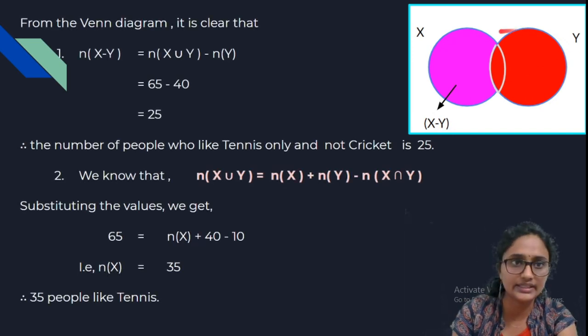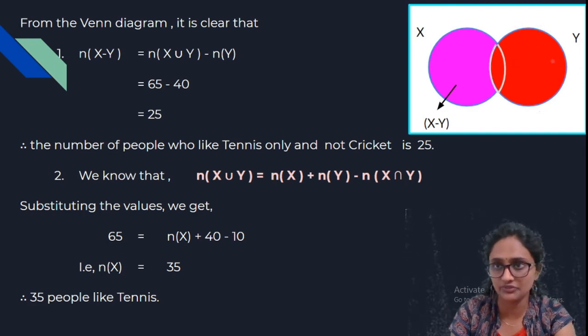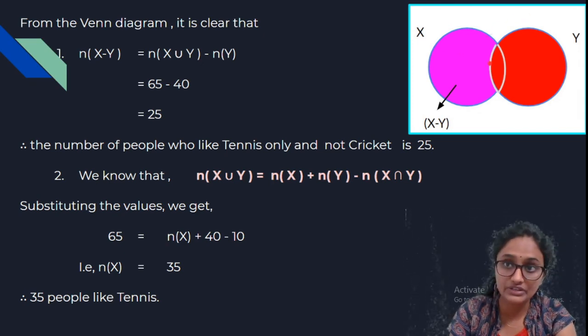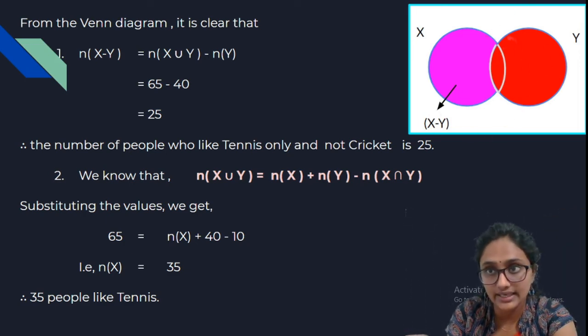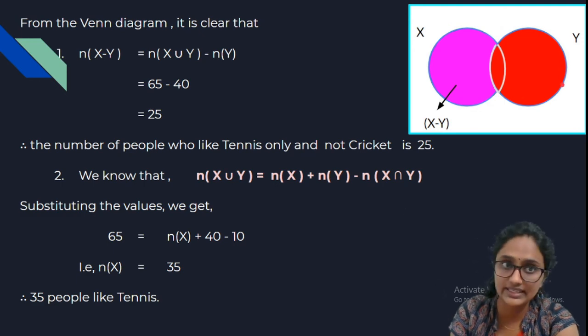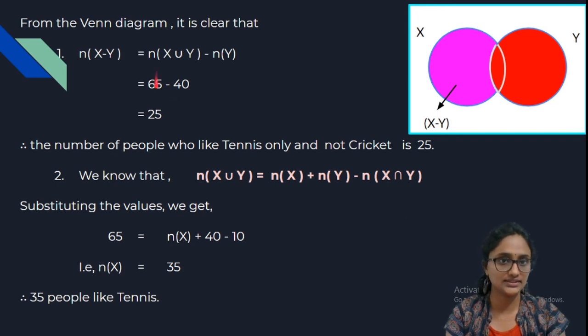If we look into the Venn diagram, we can say that n of X minus Y is equal to n of X union Y minus n of Y. This whole colored portion is n of X union Y. If we need to find only this purple area, we subtract from the whole, n of X union Y, the number of elements in Y, and we get n of X minus Y. That is 65 minus 40.